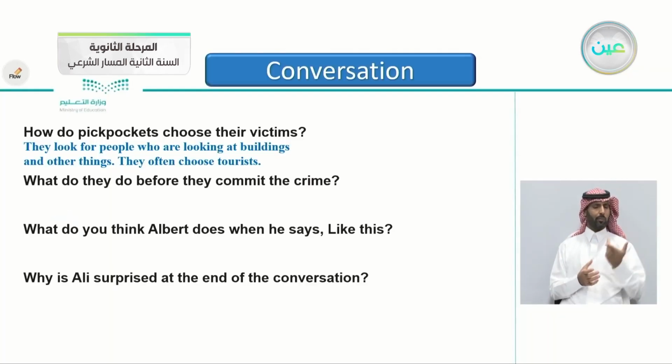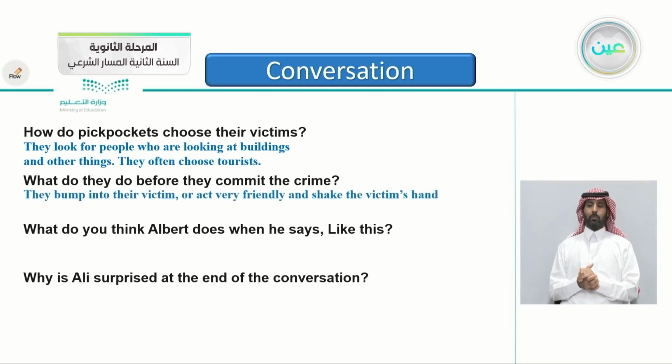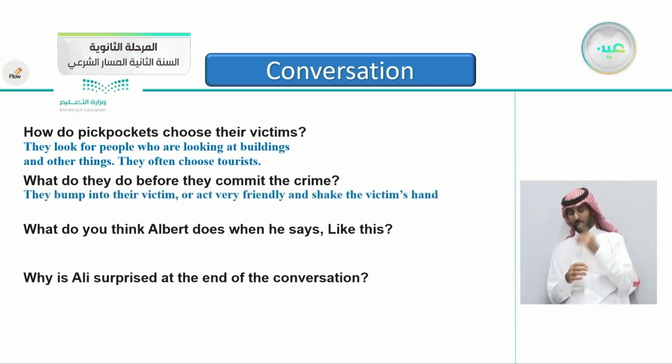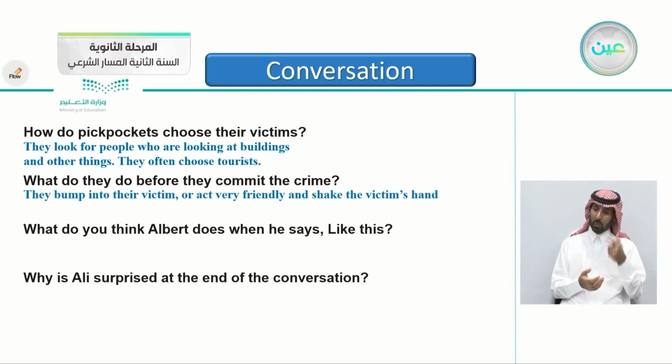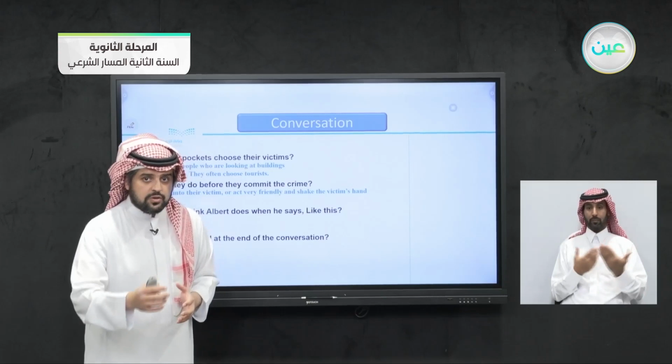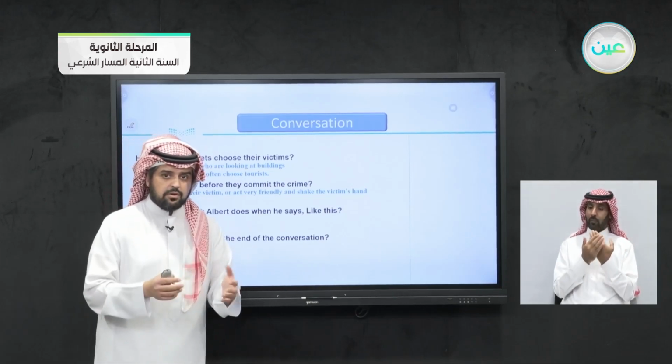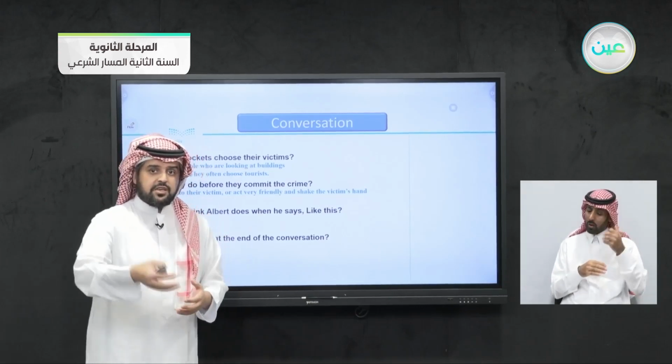What do pickpockets do before they commit the crime? Yes, they bump into their victim or act very friendly to shake the victim's hand. Before they commit the crime, they try to get close to you, either by bumping or trying to act real friendly and shaking your hand.